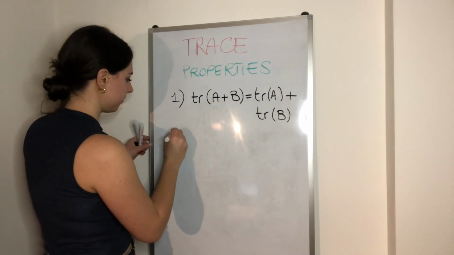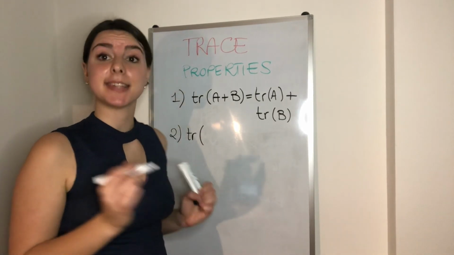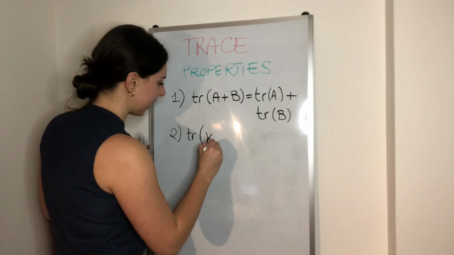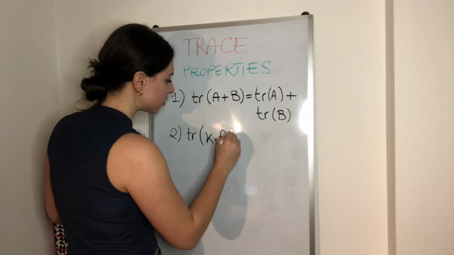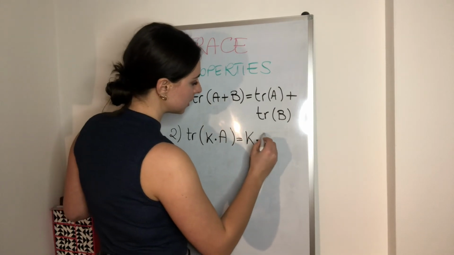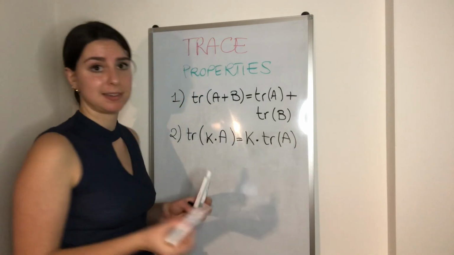Second, the trace of a scalar multiplication of a matrix. So we have a scalar by a matrix is equal to the scalar that multiplies the trace of the matrix.